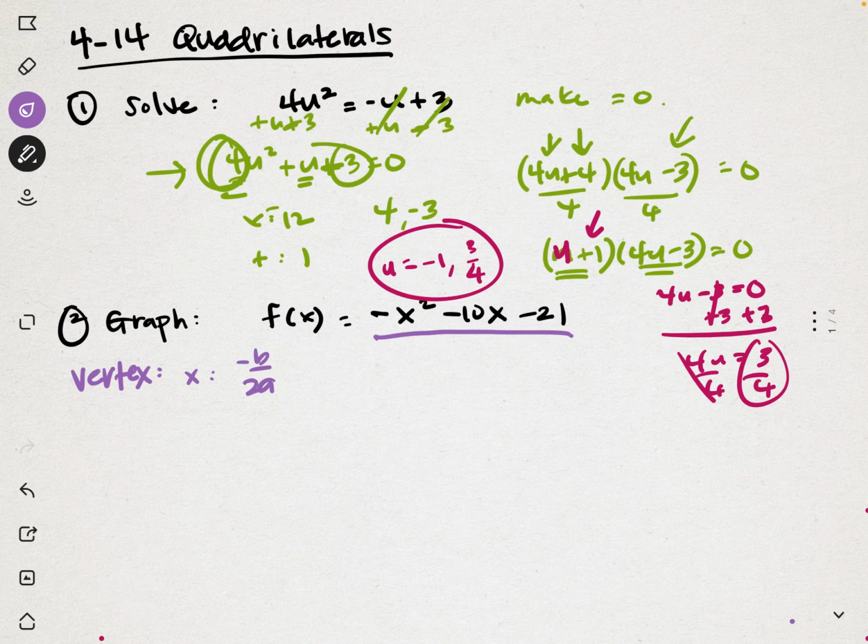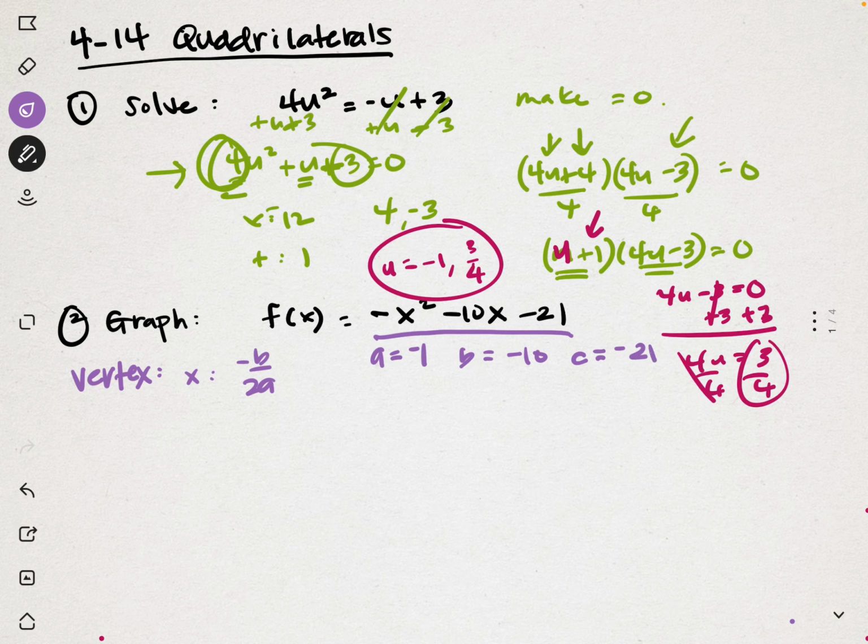So remember, every time we have a quadrilateral or an x squared situation, our a is the leading coefficient, our b is the x, and our c is the constant, the number without a variable.